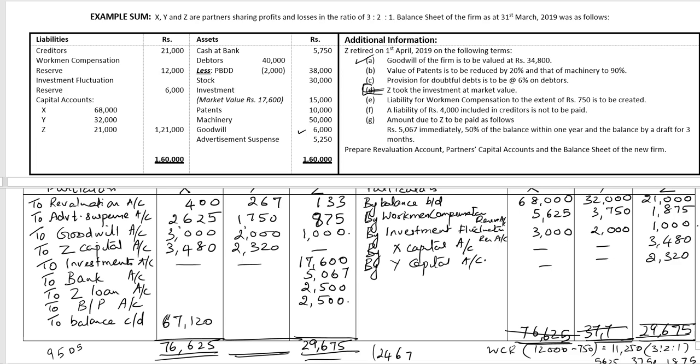In the case of Y, the greater total is 37,750 rupees. The total of the debit side in the case of Y, 6,337. 37,750 minus 6,337 is equal to 31,413 rupees.